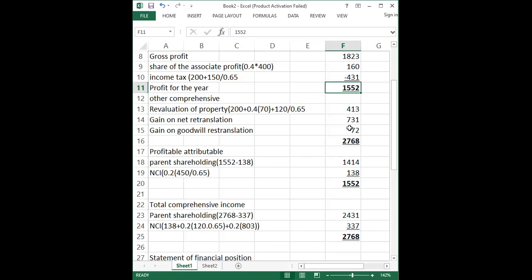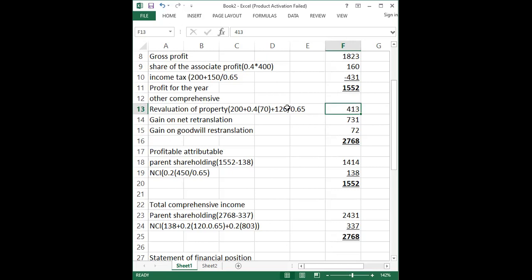So it means that the NCA is already having 138 of the share. What they are going to share now is the other comprehensive income items, which is the gain on revaluation for the subsidiary, which is 120.